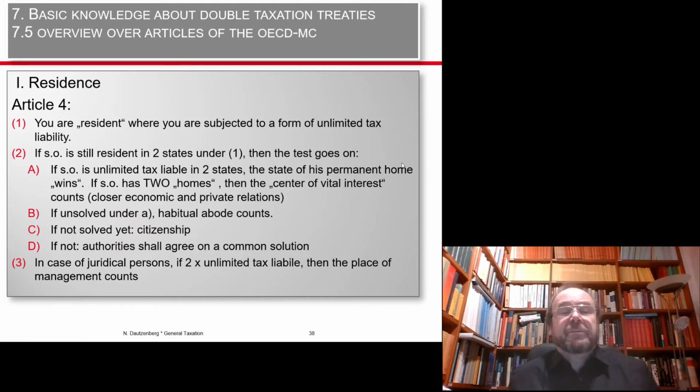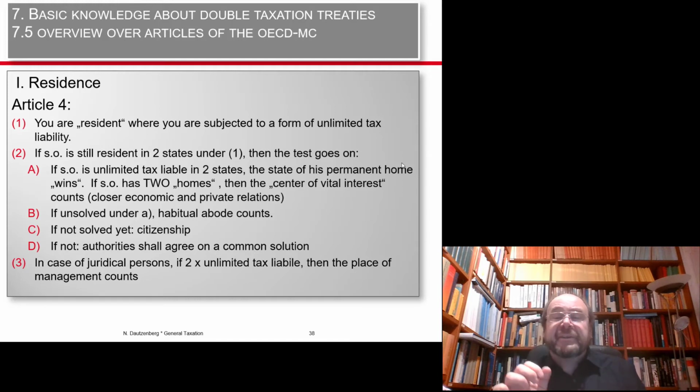Yeah, for example, here you have something concerning residence. That first rule, which I mentioned, you must know where the taxpayer is resident for the purpose of the double taxation treaty. And the basic rule is you are resident where you are subjected to a form of unlimited tax liability.